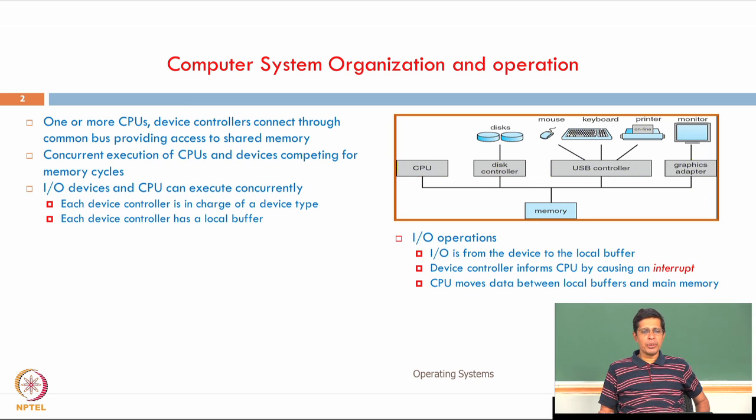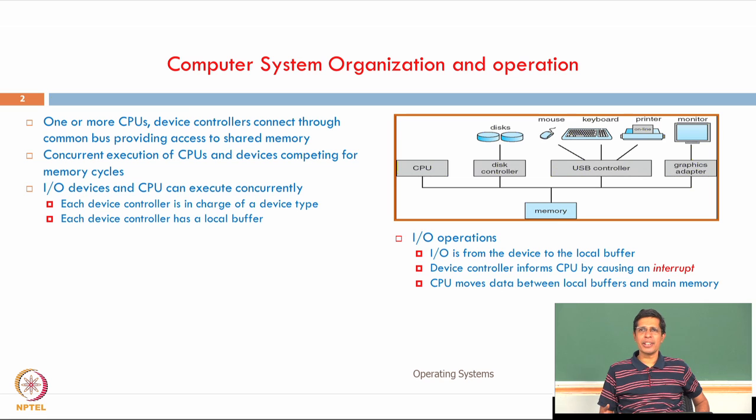Now, these CPUs, they actually work concurrently with the devices. So, when a disk is actually performing certain activities, the CPU can also start doing some activities, and both of them clash when they need the bus. So, the bus itself is a shared resource which needs to be scheduled.